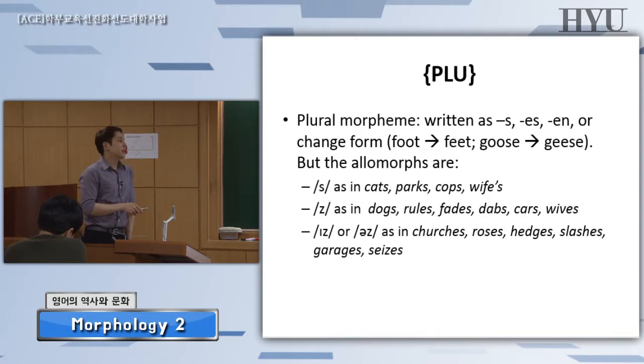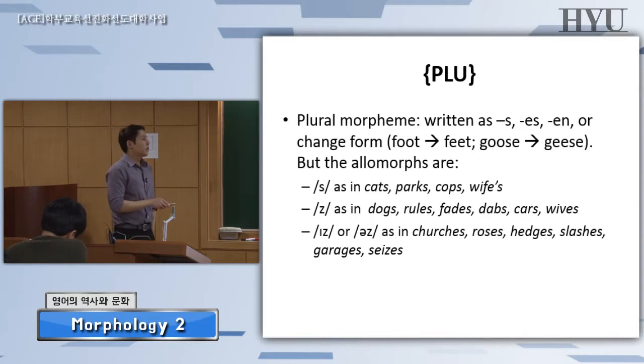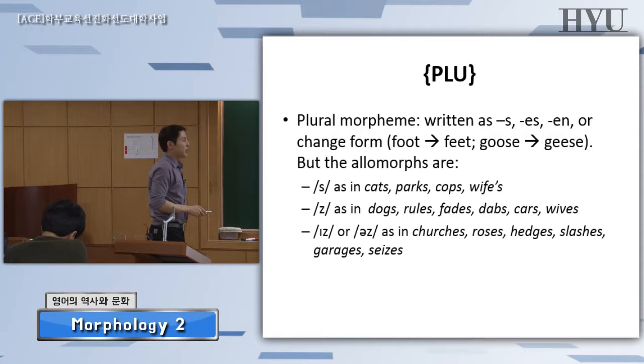So you don't see the morpheme written out, but there's a vowel change, right? Foot to feet, U to E, like that. Still, feet has two morphemes, foot plus plural, even though you don't see it, but you hear it, right?